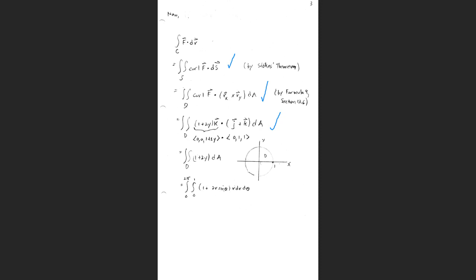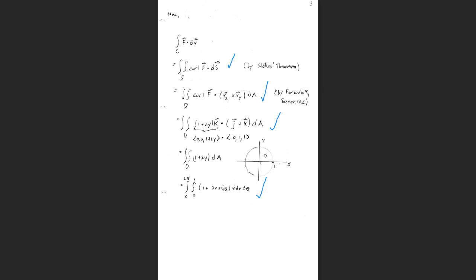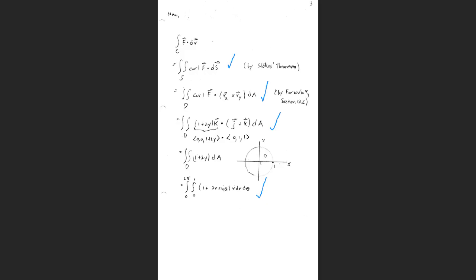It's going to come down to computing this double integral. The limits on our parameters x and y, the restriction is x squared plus y squared is less than or equal to 1. That's a filled in circle. So it makes sense, since the region D is a circle, that we would want to use polar coordinates.